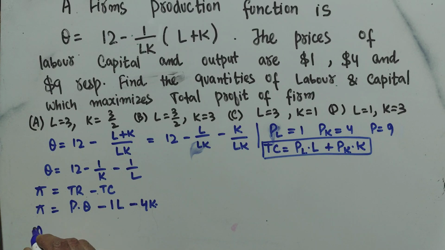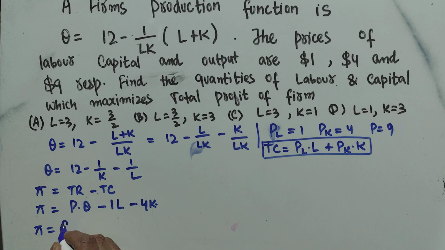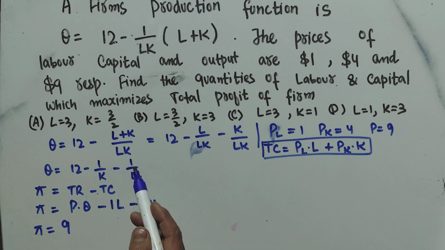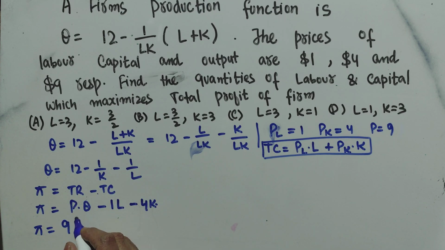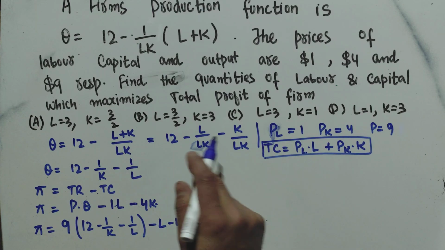Solving further, profit will be equal to price of output, which is 9, times the production function, 12 minus 1 upon K minus 1 upon L. Then we have minus L minus 4K. This is our profit function.